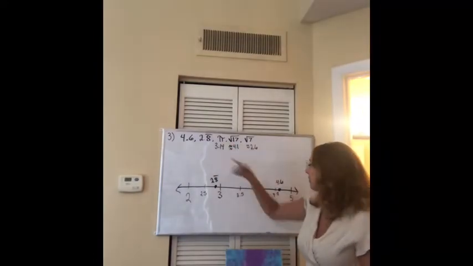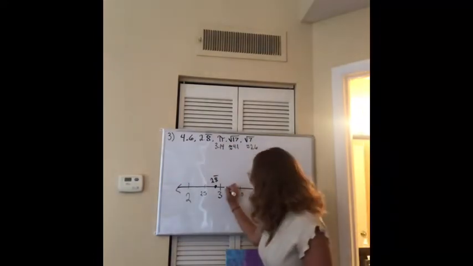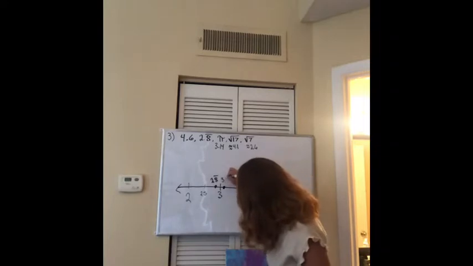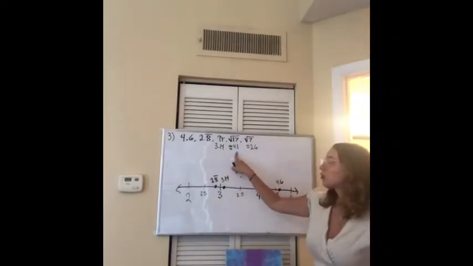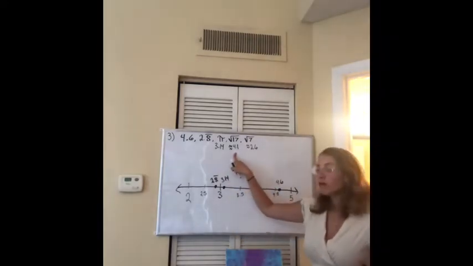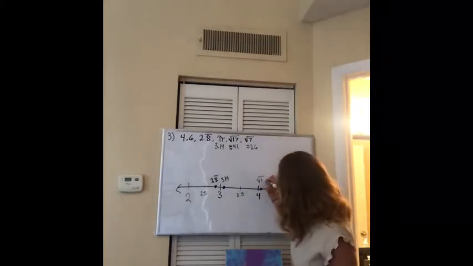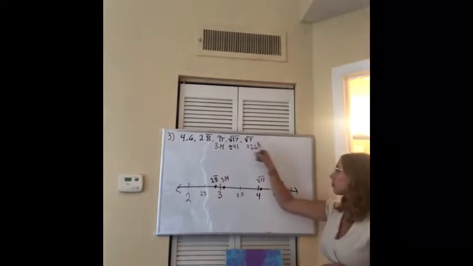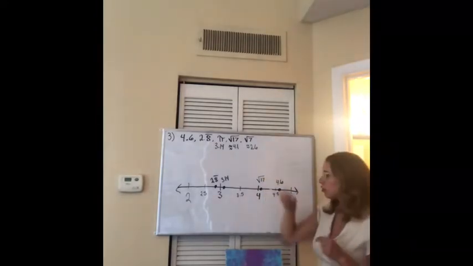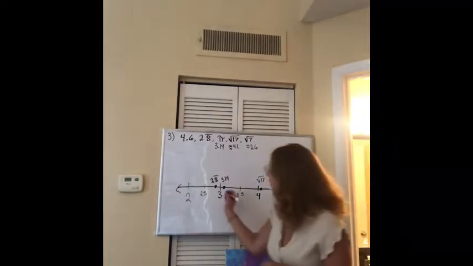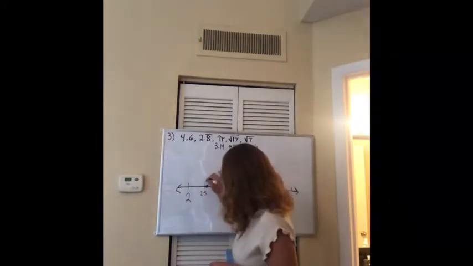Pi is 3.14, and that's right about here. The square root of 17 is about 4.1, which is right around here. And the square root of 7 is about 2.6, which is right about here.